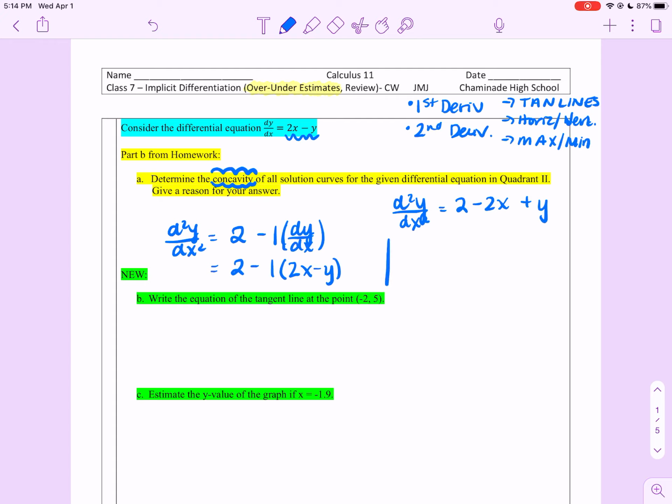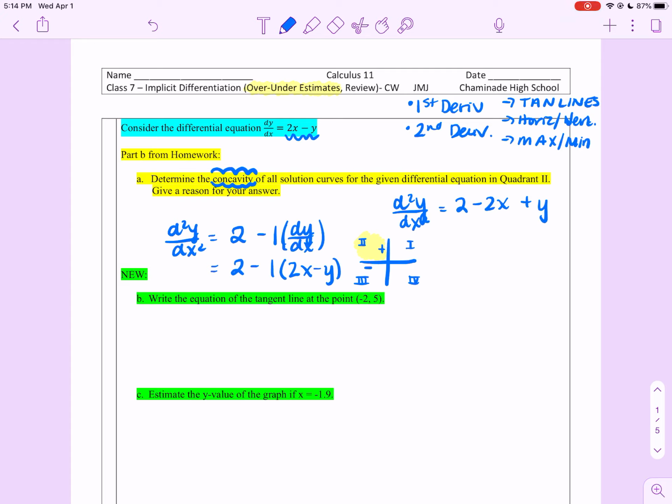If you're in quadrant 2, note here that your x values are negative and your y values are positive. Remember, this is quadrant 1, this is quadrant 2, this is quadrant 3, and this is quadrant 4. In this quadrant here, the x values are negative and the y values are positive.